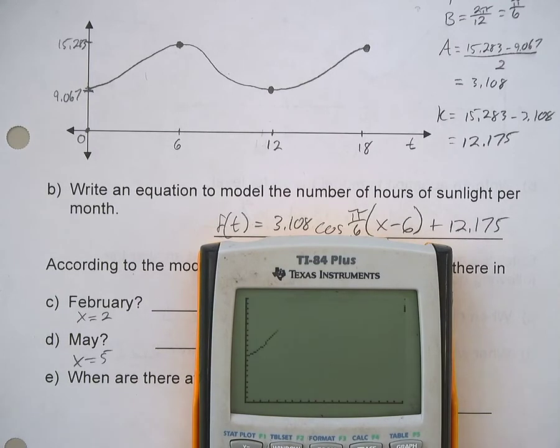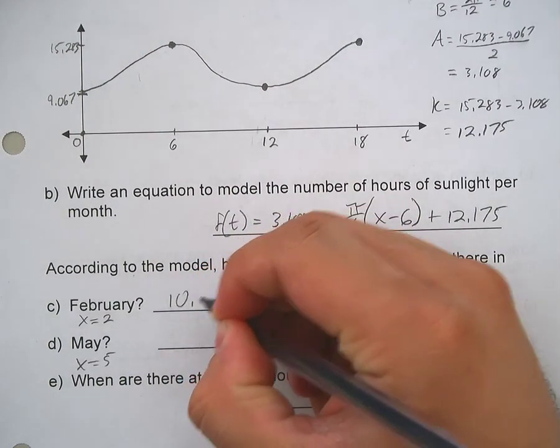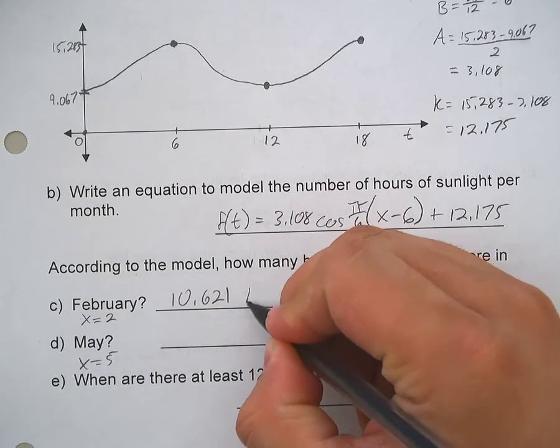Let's graph it. It's a good graph. I'm going to go to trace 2. You get 10.621 hours of sunlight.